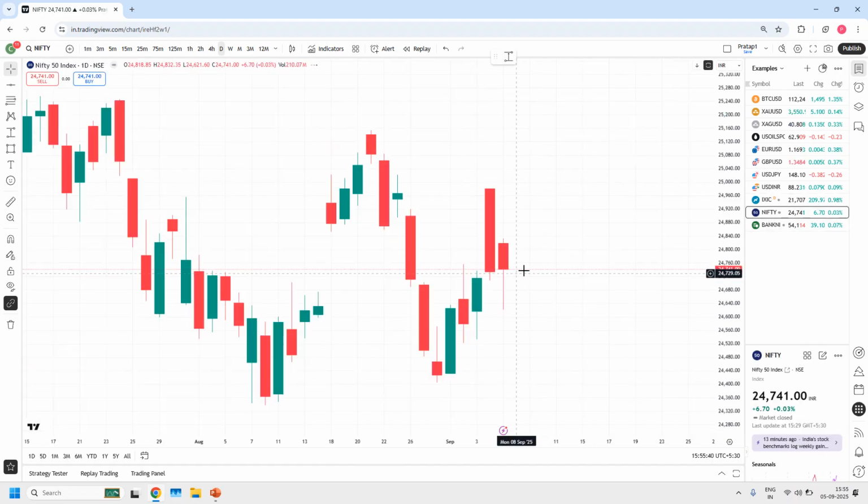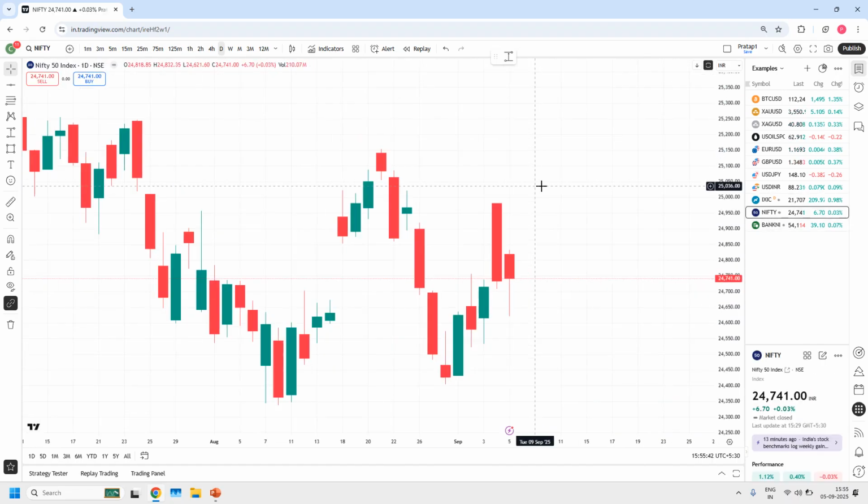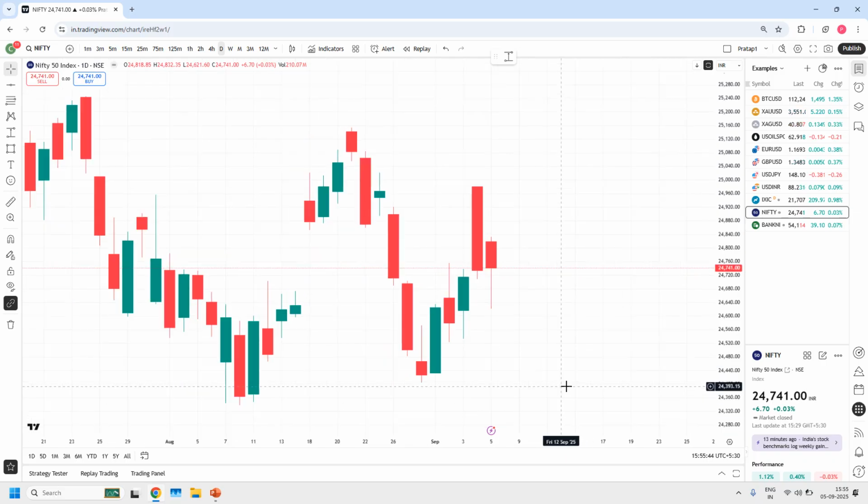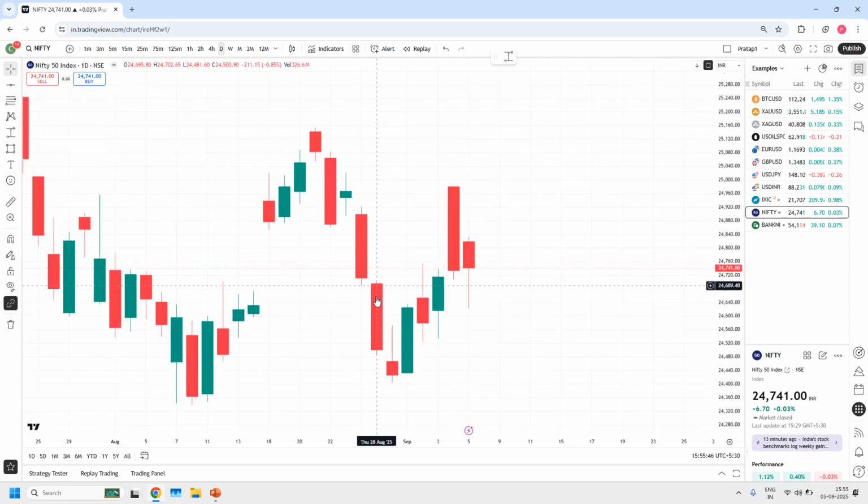Even in the Indian market, Nifty also. See, here we have a large candle as a leg in, you have a medium size candle, then a large candle as a leg out, but this is a rally candle leg out, so this is a demand zone.